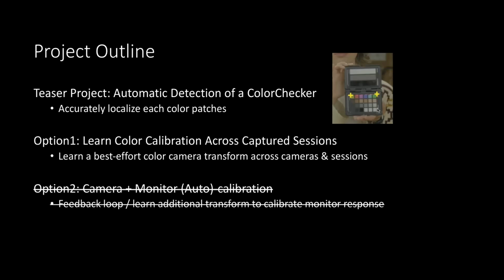And second, inaccurate localization will give us inaccurate input color, so we may calculate an incorrect color transformation function. So as the first step, we want to develop a system to automatically detect the color checker in images. Then we do the color correction in a multi-view and multi-session setting. And next, I will discuss these two steps in detail.